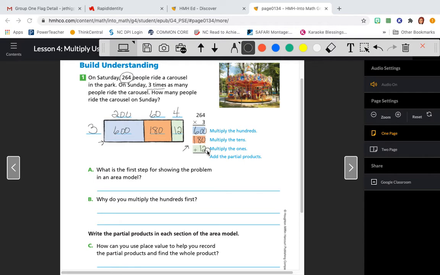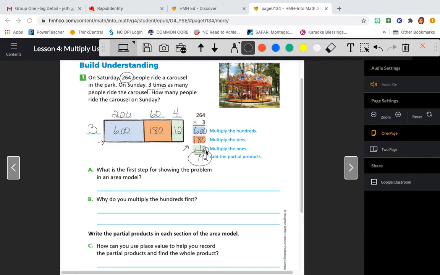Now we have our partial products. We have 3 partial products. We're going to add all of those together and we're going to get the whole product. So we have 0 plus 0 plus 2 is 2. 8 plus 1, 9, and 6 plus 1 is 7. So our whole product is 792.